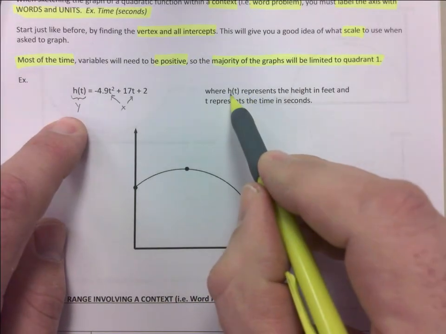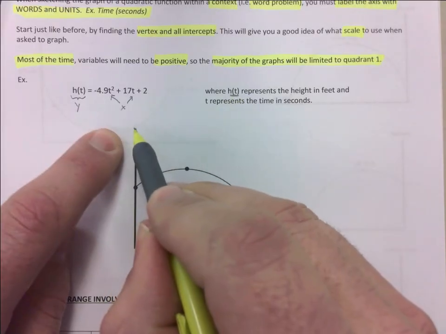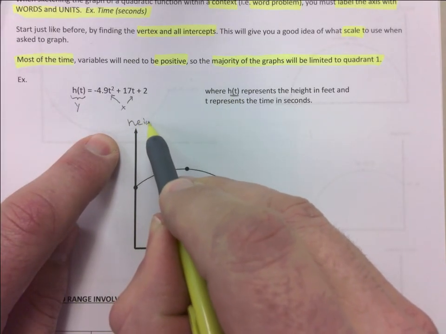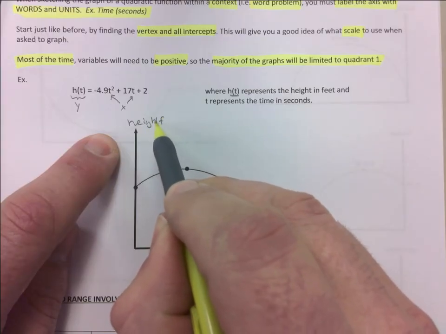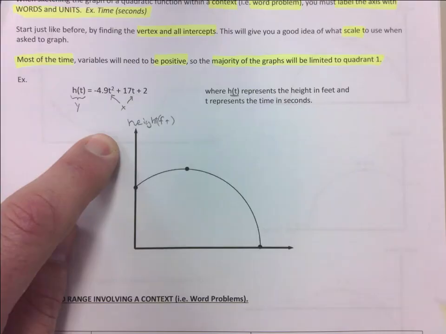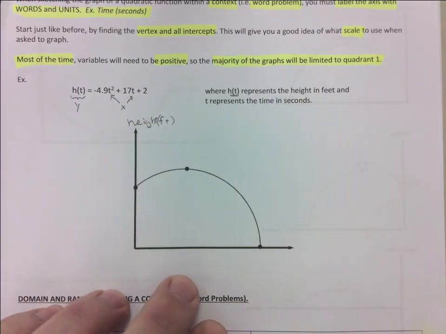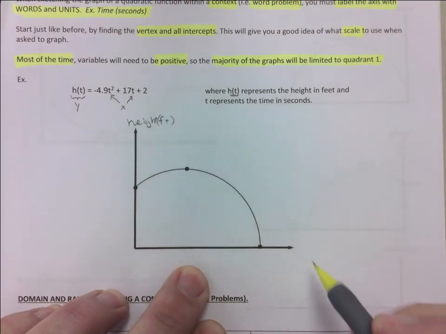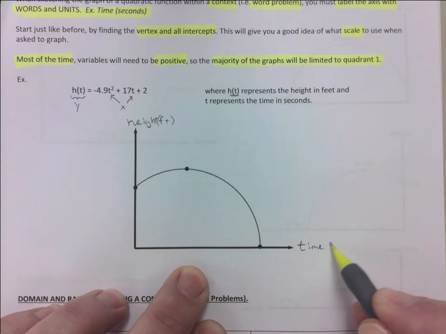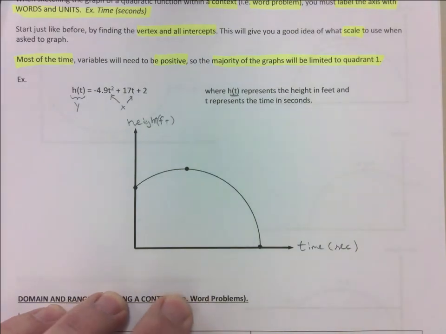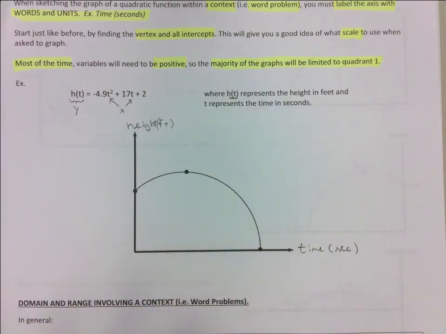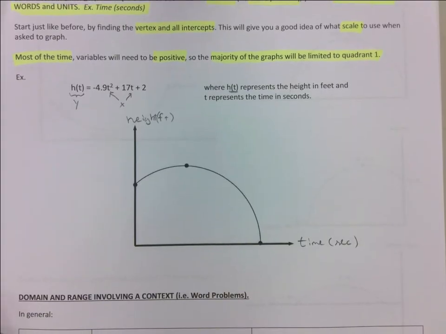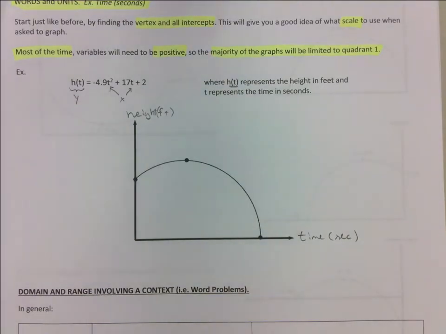Which means that h of t goes here, so we'll label it height in feet, and t here, which is my x variable, represents time in seconds. So that's the first thing I want you to realize. This is what to expect. Now these points all represent something very unique.